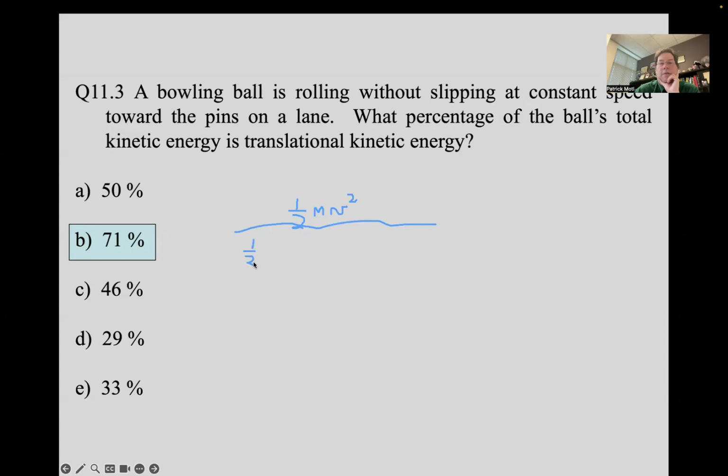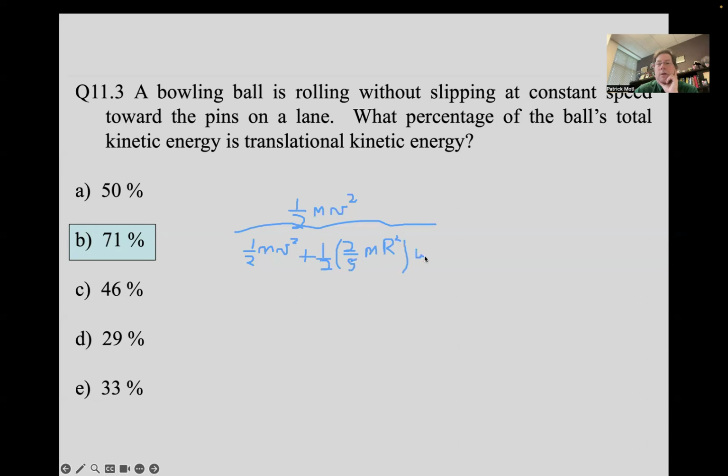I'm going to have a half m v squared plus a half I omega squared, but I'm going to start doing some shortcuts here. I'm going to have a half, and for a solid sphere, I is 2/5 m r squared, omega squared.